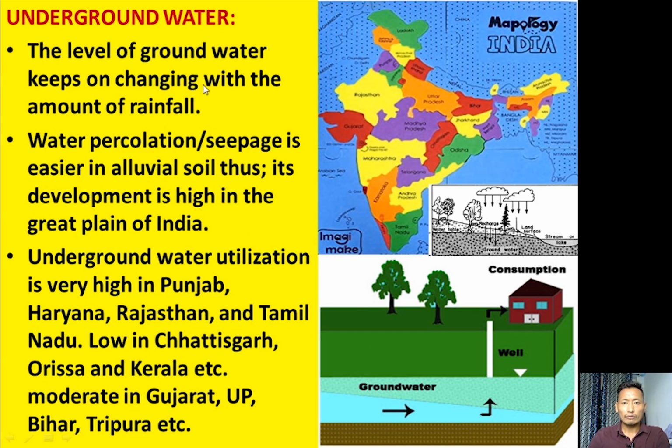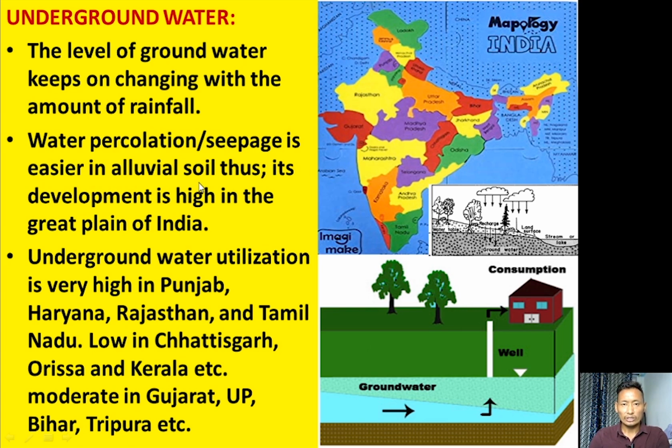The level of groundwater keeps on changing with the amount of rainfall. With more rainfall, the water percolation, or the recharge of groundwater, will be more. Water percolation, meaning seepage, is much easier in alluvial soil.